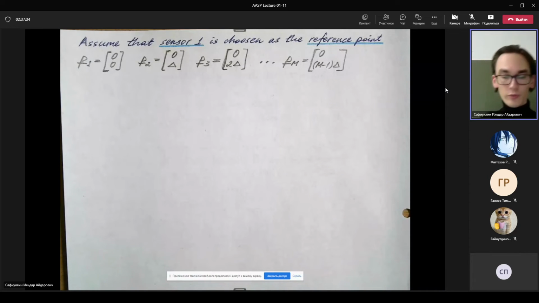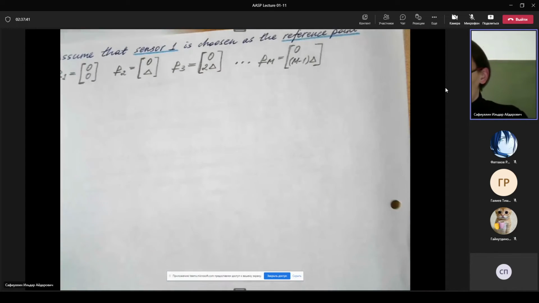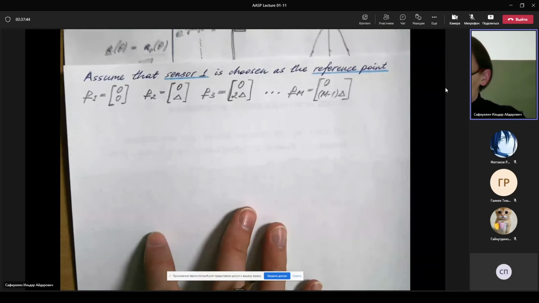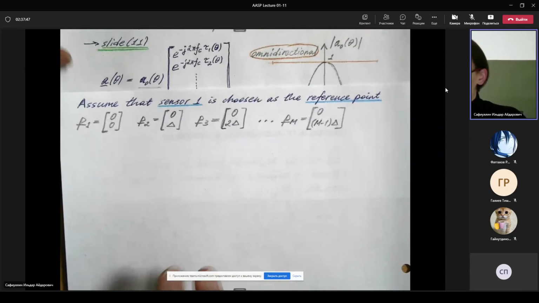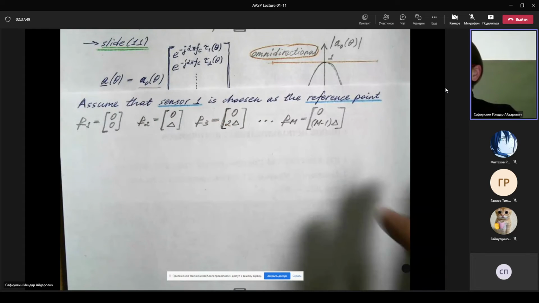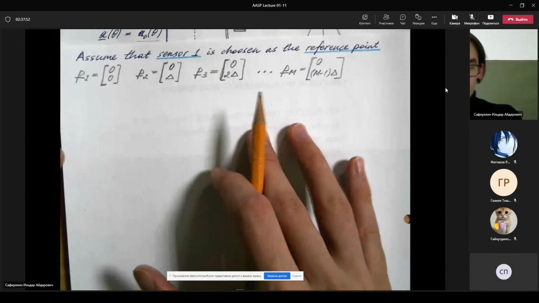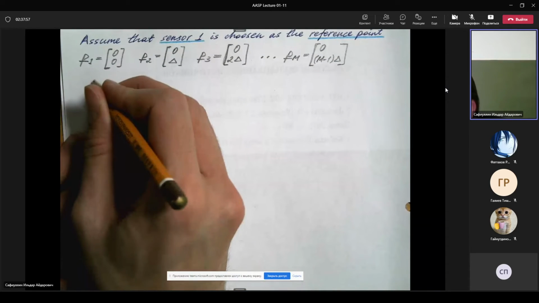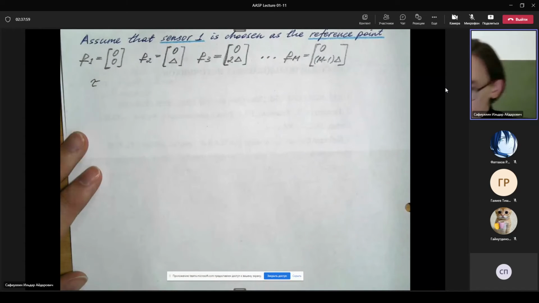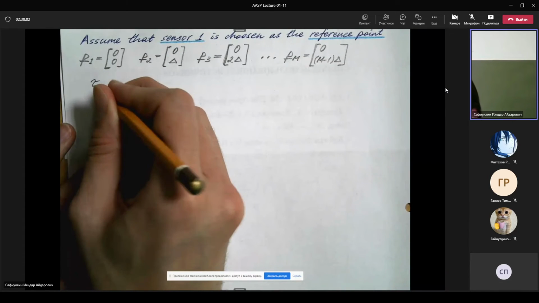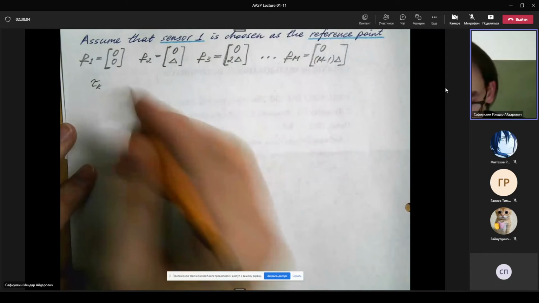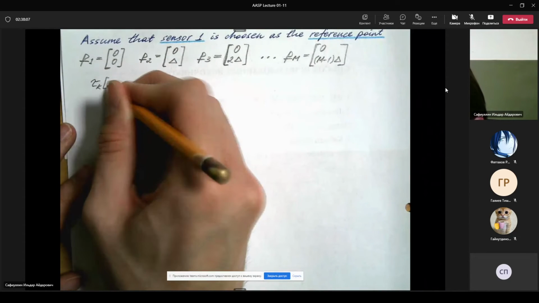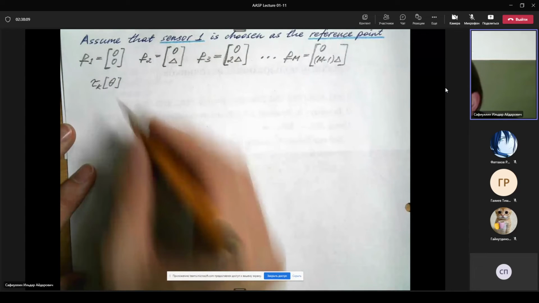And now what we have inside of these time propagation terms: tau 1, tau 2, and so on. If you remember, the main equation for tau, in the general case with some variable k, this tau depends on theta.